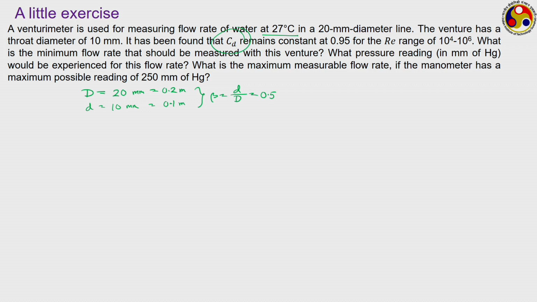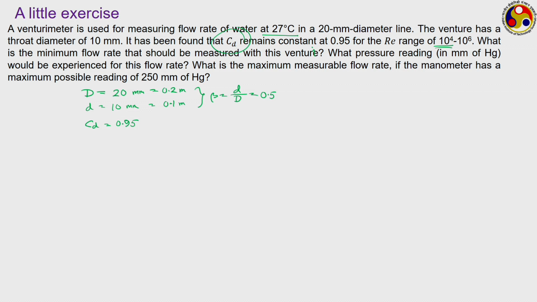So, the first thing that we have to find is the minimum flow rate that should be measured with this venturimeter. What we are trying to say here is that we would like to use this particular CD value of 0.95 because we do not know any other value of CD for this given venturimeter, but it is also said that this particular value we can use only when the Reynolds number is at least 10 to the power 4.